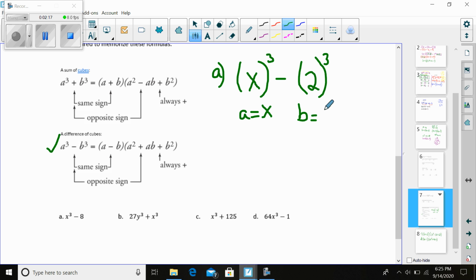All right, and then from here, what we have to do then is plug in to this formula.